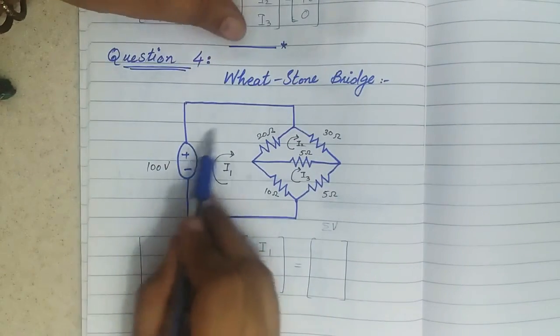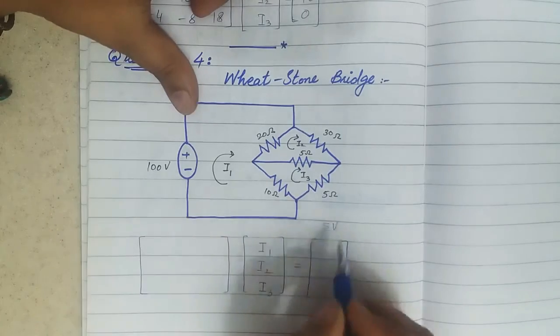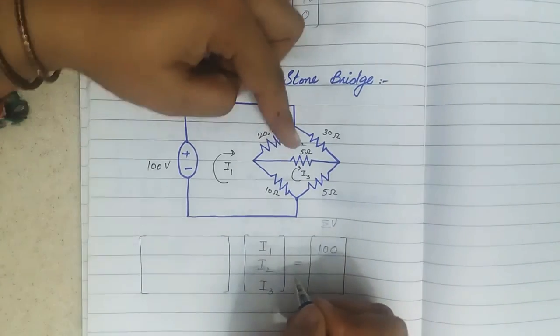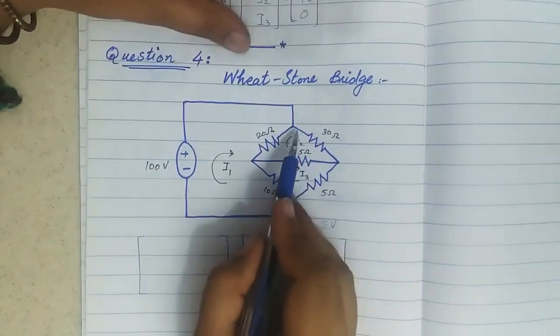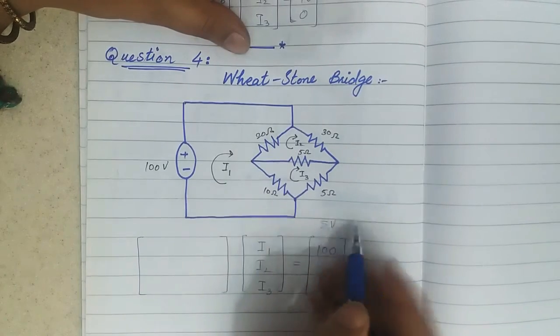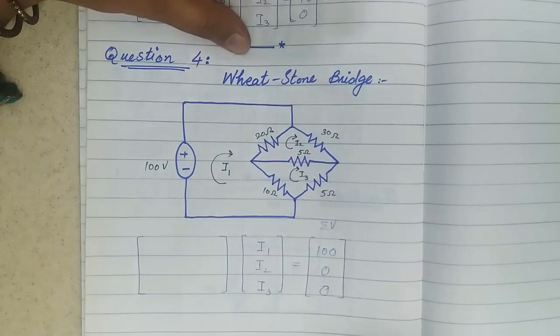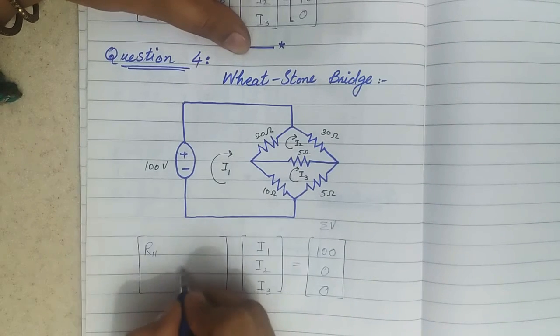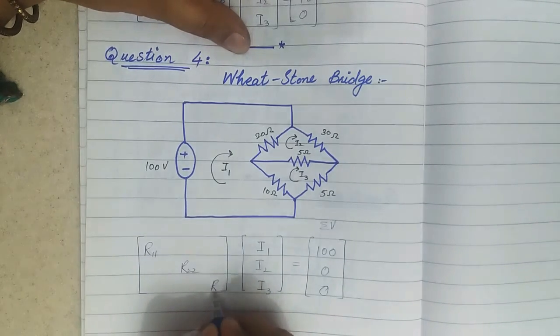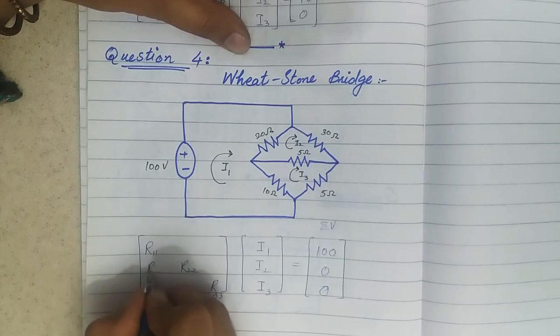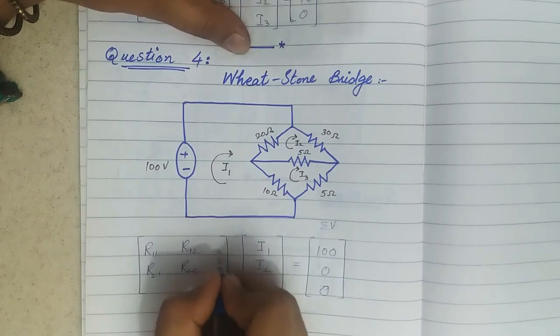Firstly, sum of voltage in the first loop. One battery is attached, voltage is 100. In the second loop, no battery is attached, 0. In the third loop, no battery is attached. This is 0.